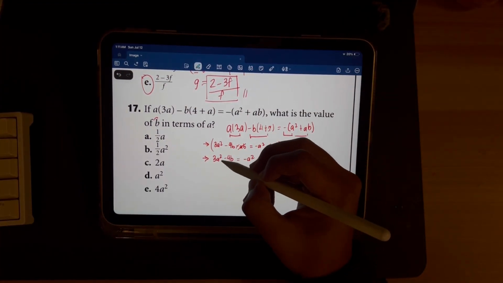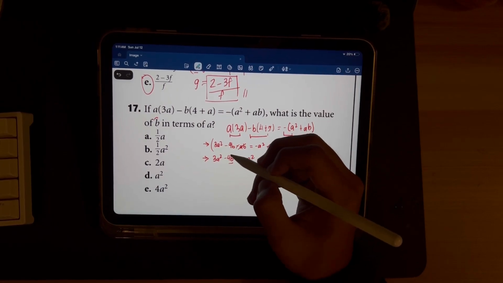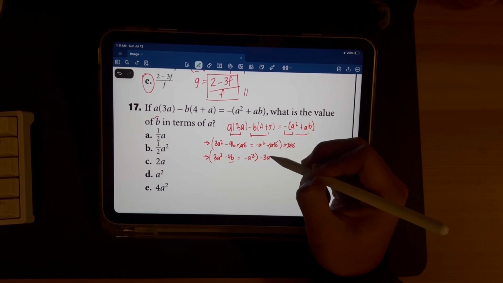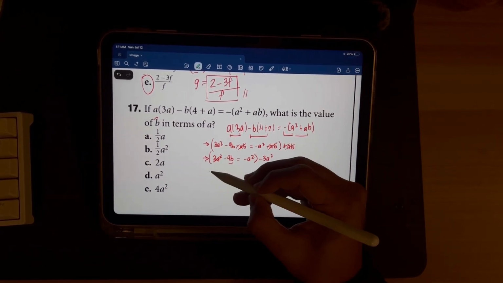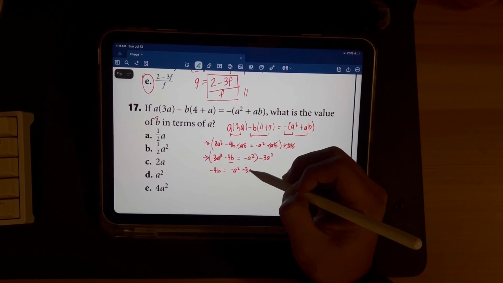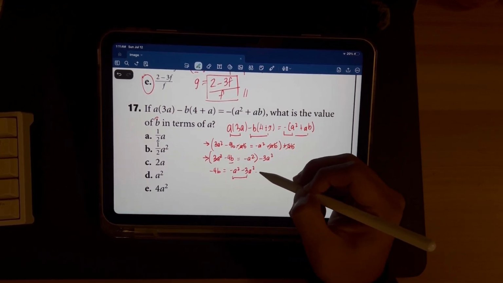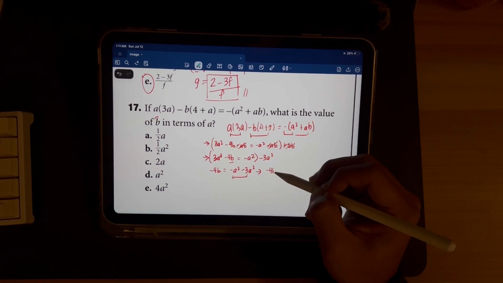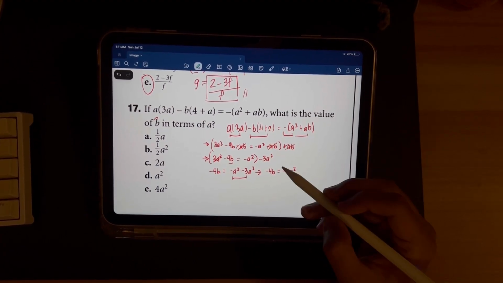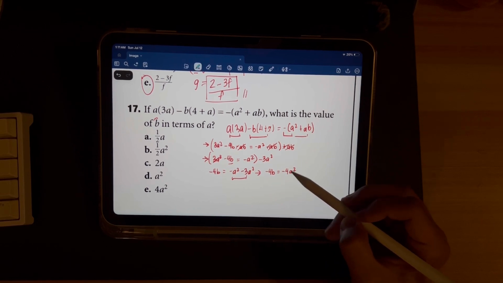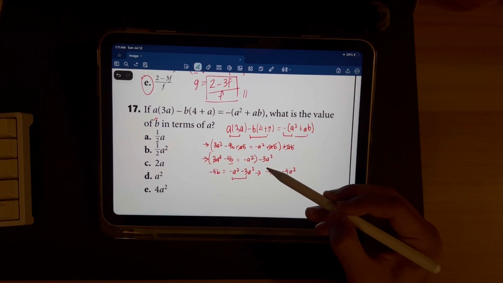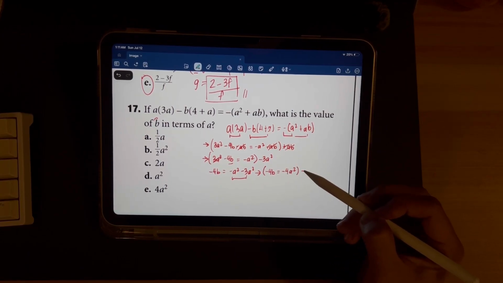In order to do that, let us first subtract 3a squared both sides. We are left with negative 4b is equal to negative a squared minus 3a squared, and simplifying this, it will become negative 4b is equal to negative 4a squared. And since we have negative 4 both sides, we can cancel that by dividing negative 4 both sides.